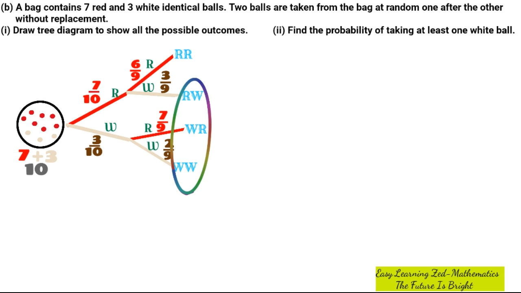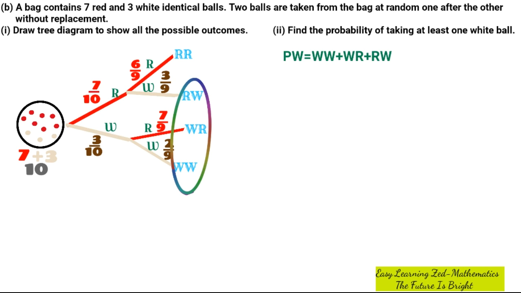So we're going to write the probability of picking at least a white ball. Probability of white is equal to WW plus WR plus RW. If you look at what I've written there, I've just circled these probabilities.